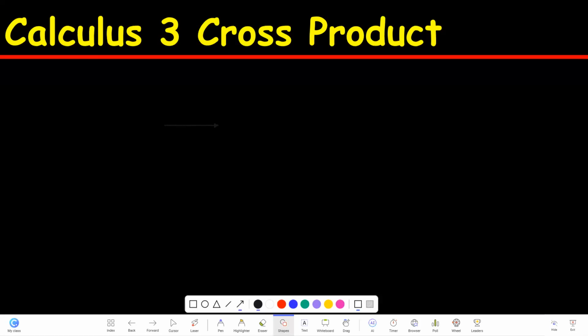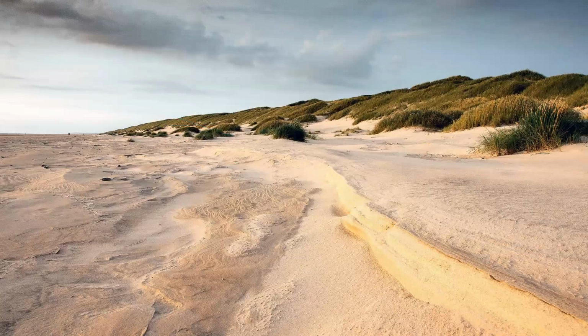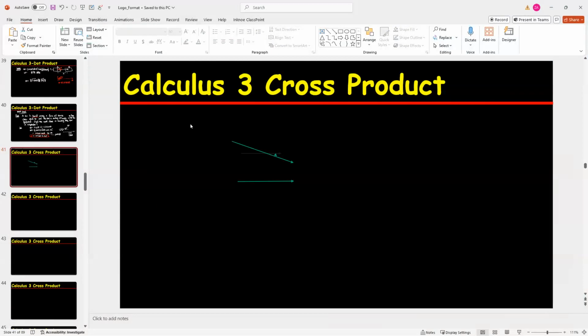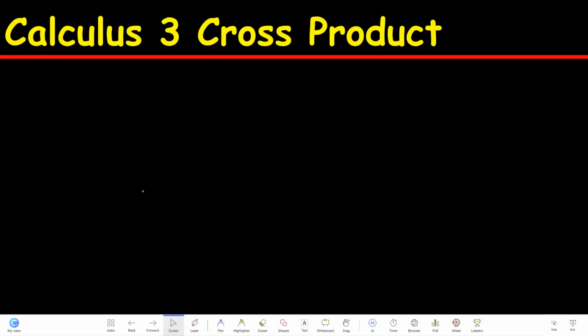If I have two vectors, a green vector A and a yellow vector B.